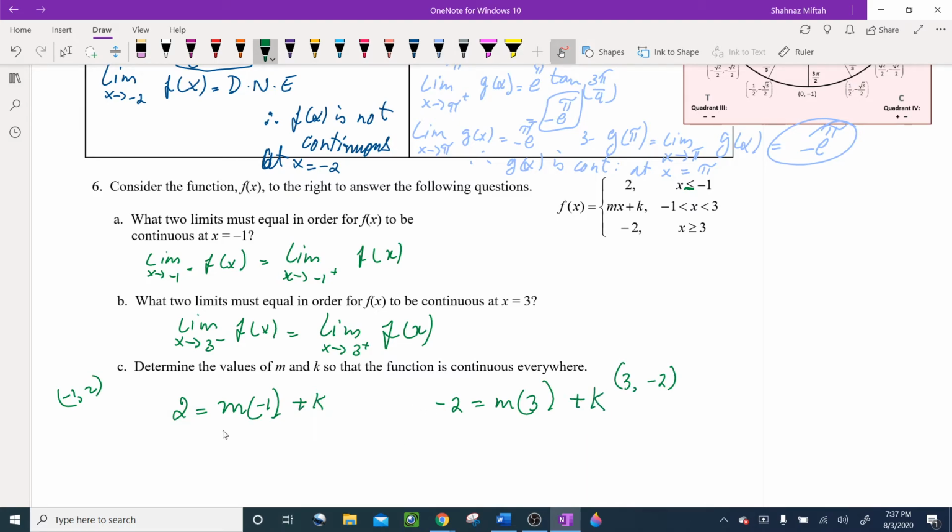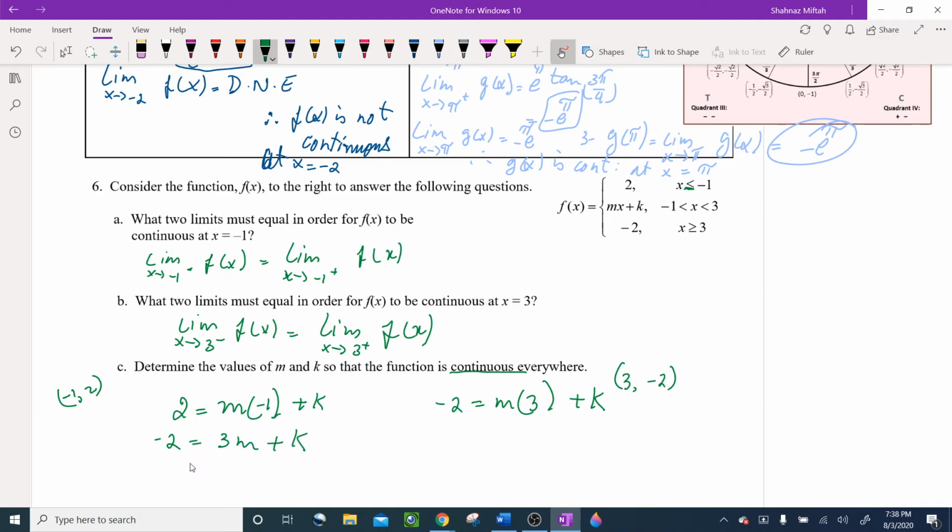Now these are my two equations, and you can use a system of equations to figure out m and k. Since they said the function is continuous everywhere, you can apply the three conditions at x approaches -1 and you will end up with something like that anyway. So I'm going to take the two equations and see if we can solve it as a system of equations. This is 3m plus k.